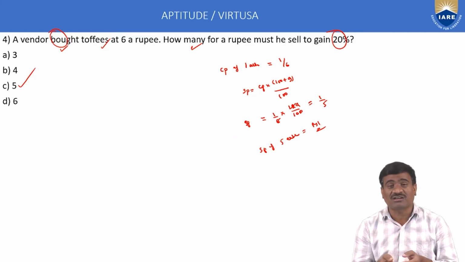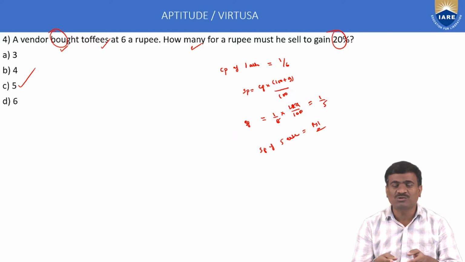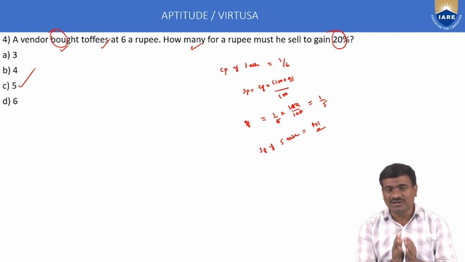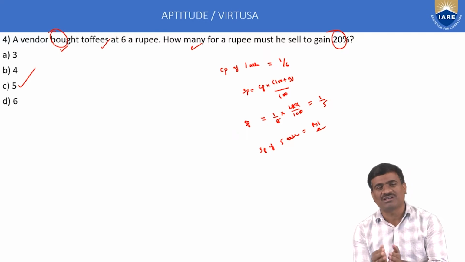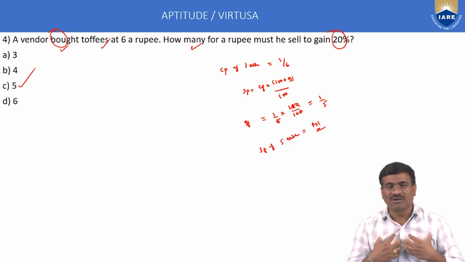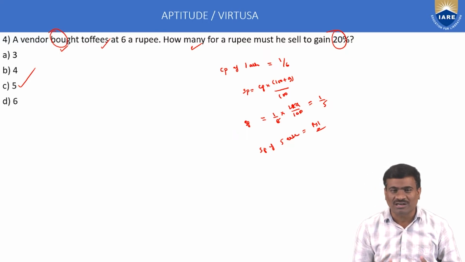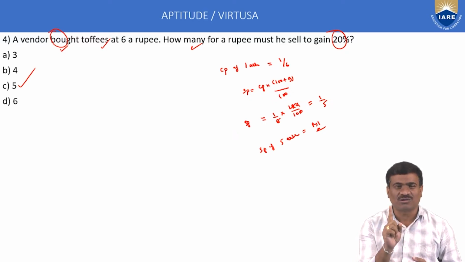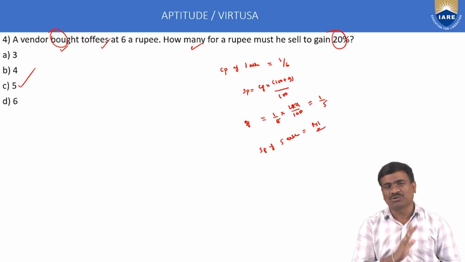Here the number of articles is 5 and the amount is 1 rupee. Therefore, 5 articles cost 1 rupee. We want only the number of articles, that is 1, so 5 articles for rupees 1.